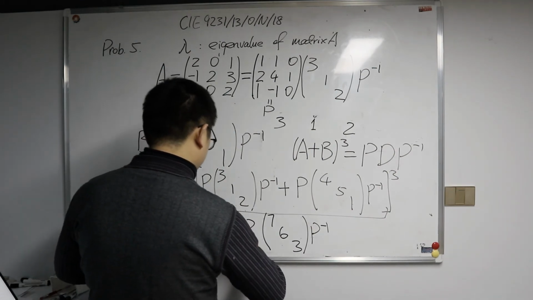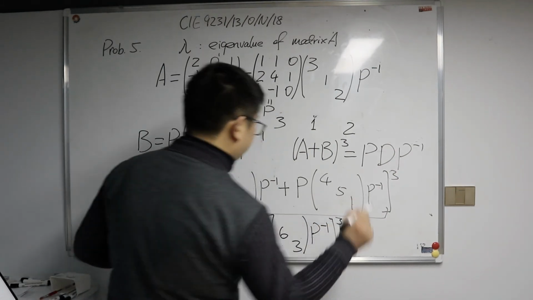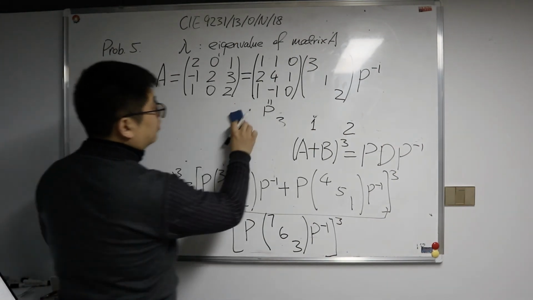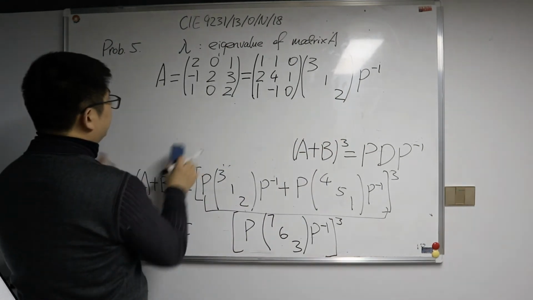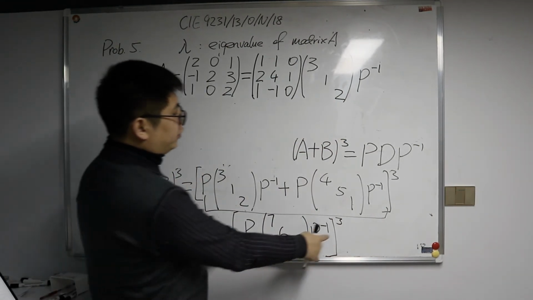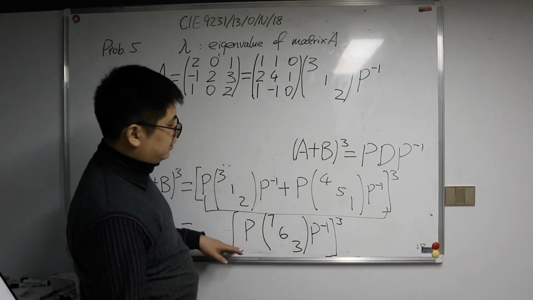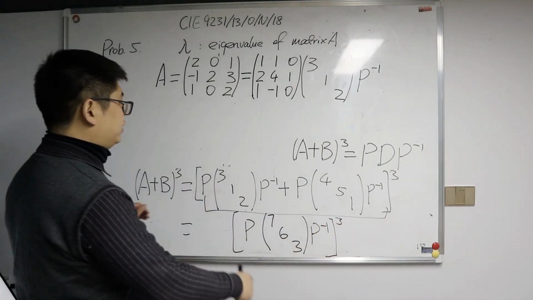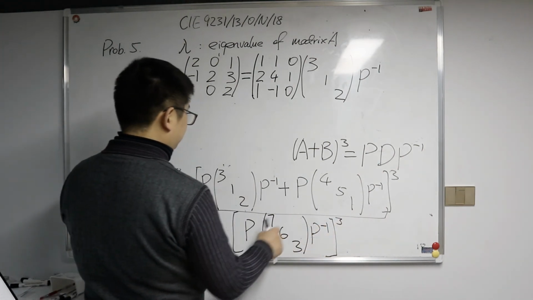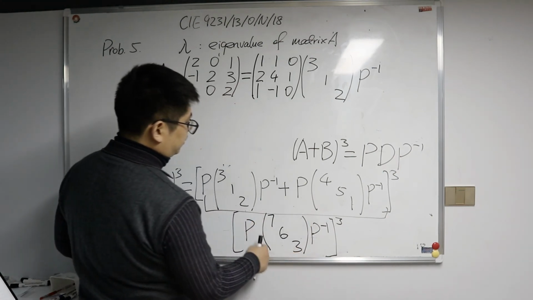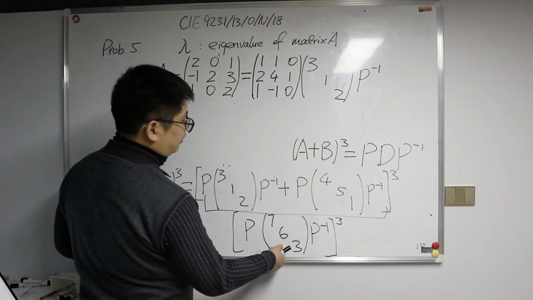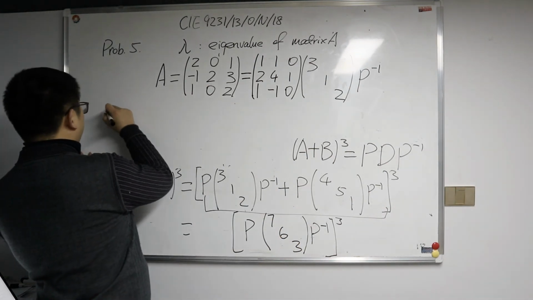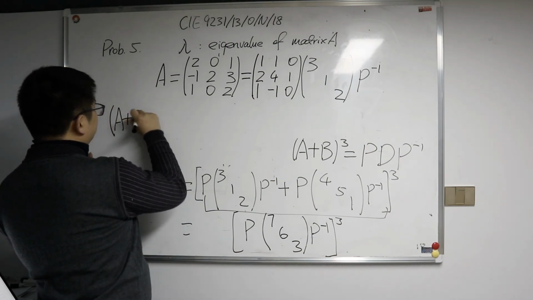So finally we get the answer, because if you multiply this kind of expression by itself 3 times, we just have to compute the third power of this diagonal matrix.